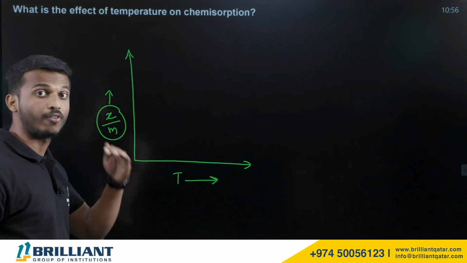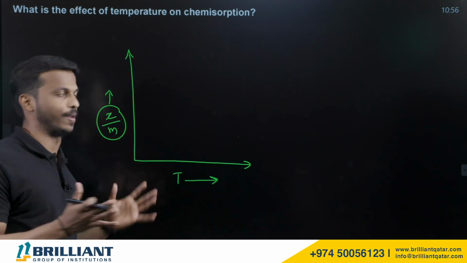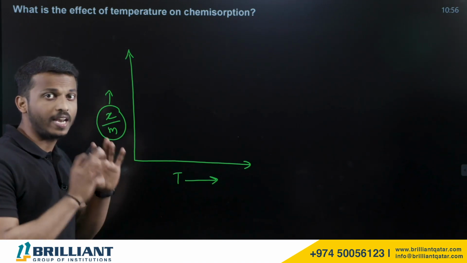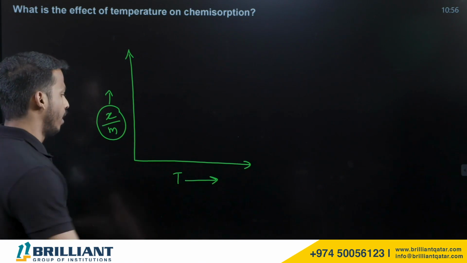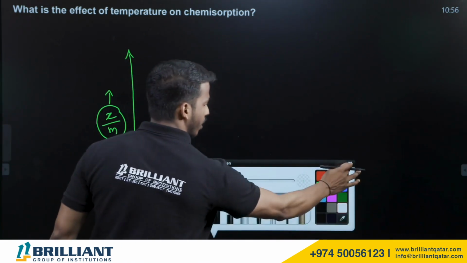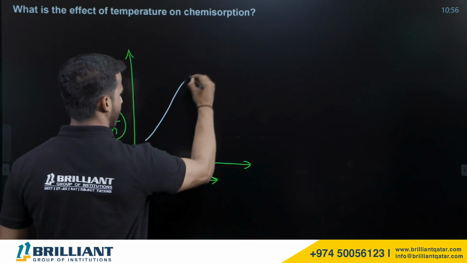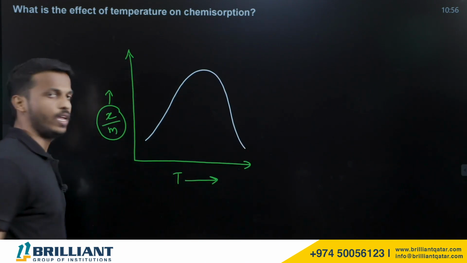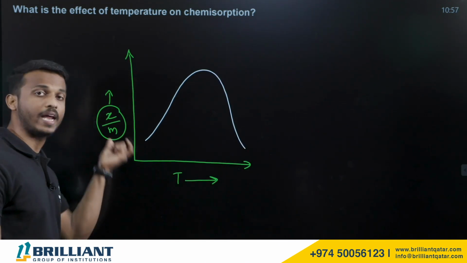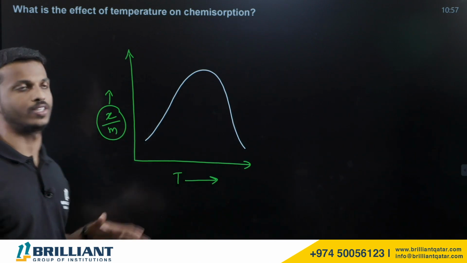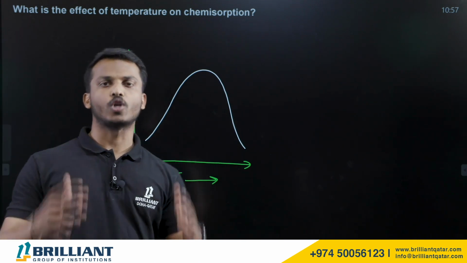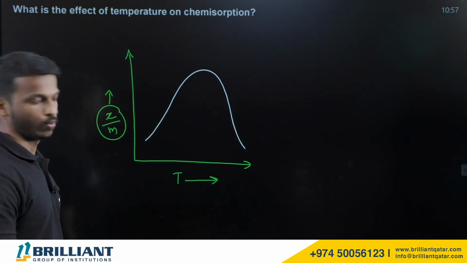The extent of adsorption. How much adsorption happened? x by m represents the extent of adsorption. This is the graphical nature you observe when temperature is plotted against x by m, the extent of adsorption, for the chemisorption process.